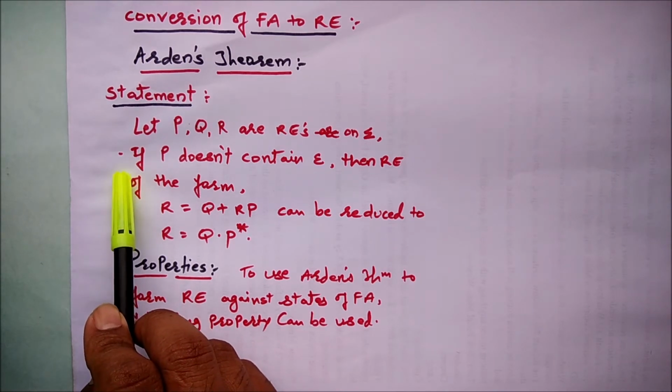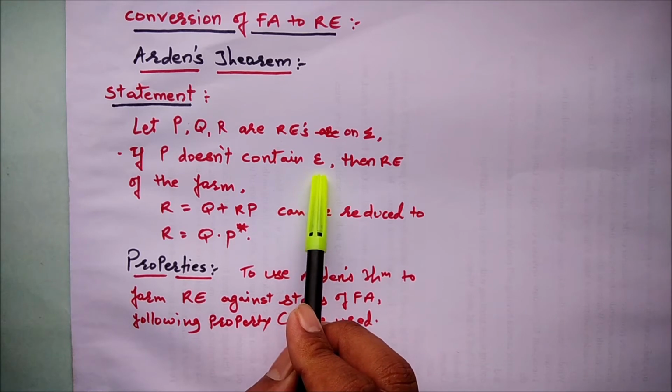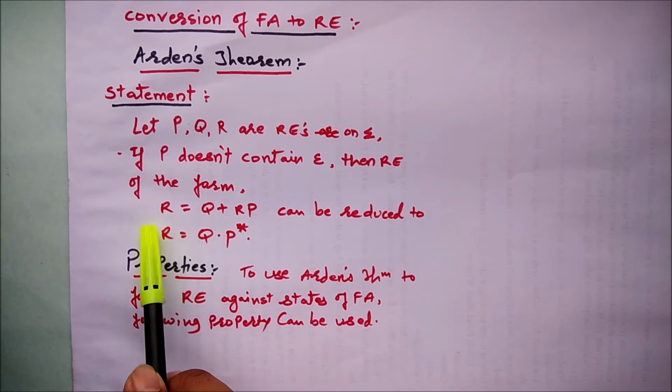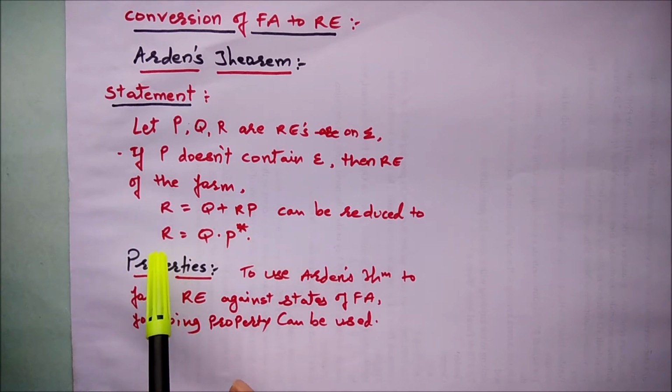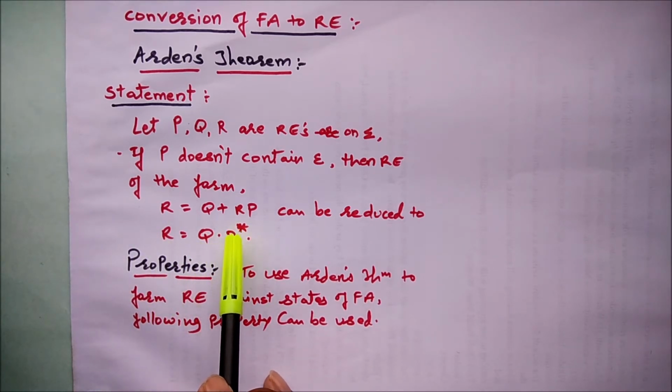If P doesn't contain epsilon, that is, epsilon should not be there in the P equation, then the RE of the form R is equal to Q plus RP can be reduced to R is equal to QP star, that is P closure.